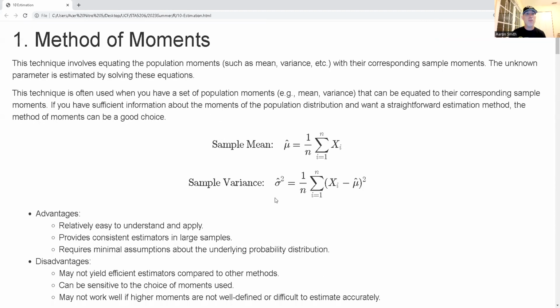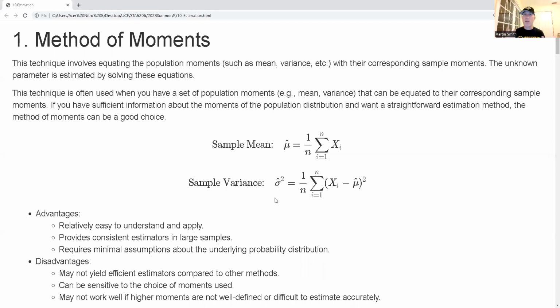First one, this is method of moments. I'm going to contrast method of moments and maximum likelihood first with math. Think of method of moments as solving a system of equations in college algebra. Think of maximum likelihood as maximizing in a calculus problem.